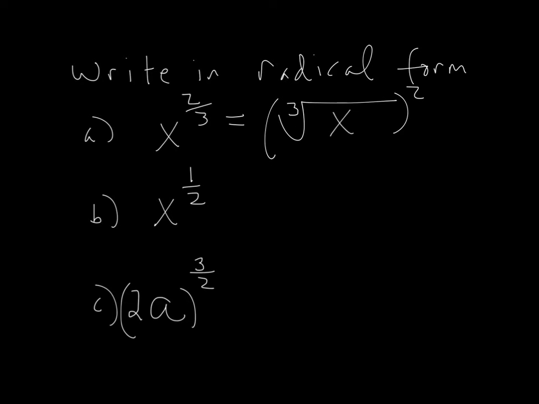Next one, same thing, if the exponent is a fraction, you can always write it as a radical instead. The x goes inside. The denominator, 2, would go here. But that's the one number we don't write. When we're taking a square root, we don't write the 2 there. It's just implied.